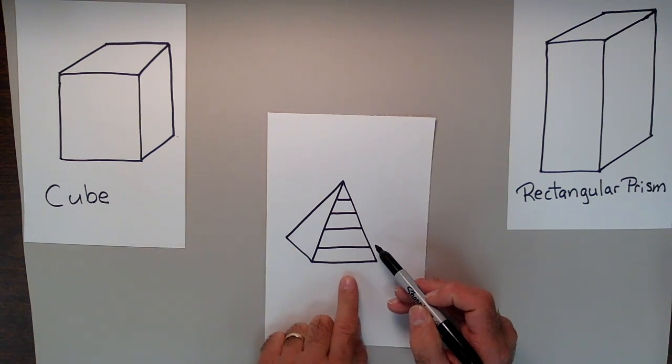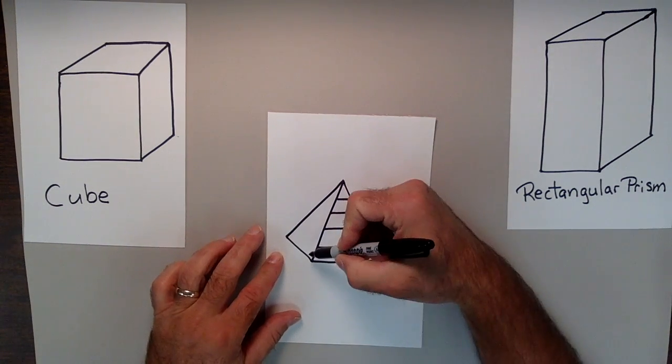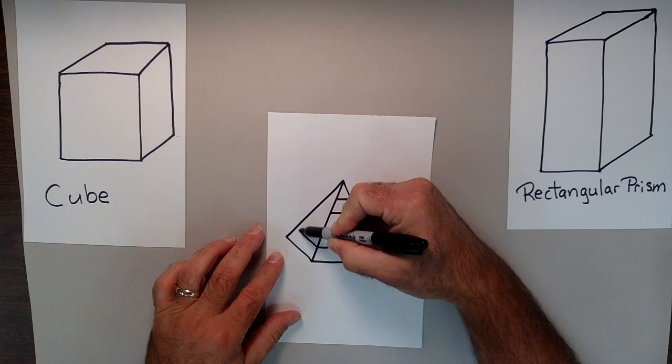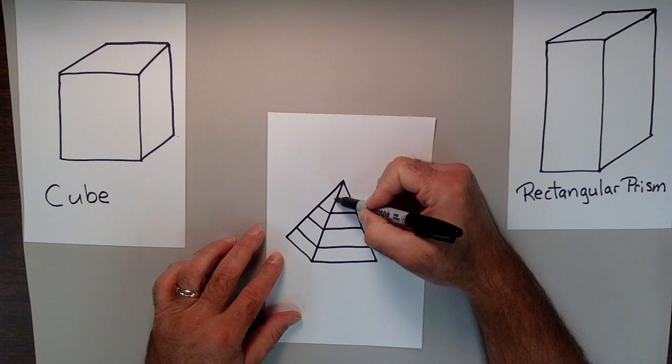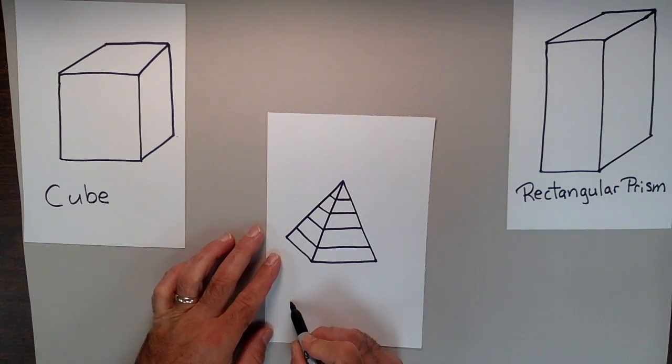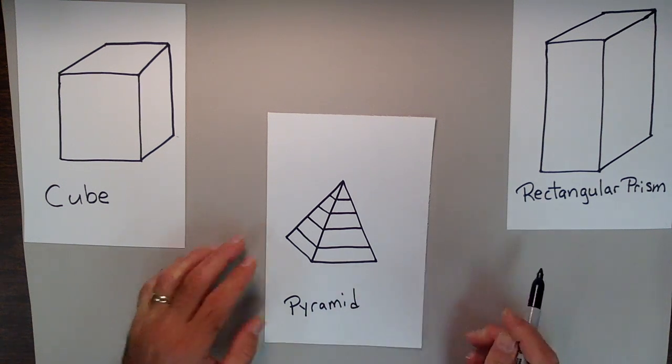So if this is horizontal, this is diagonal, we repeat horizontals on this side. On this side, we're going to repeat diagonals. Pyramid.